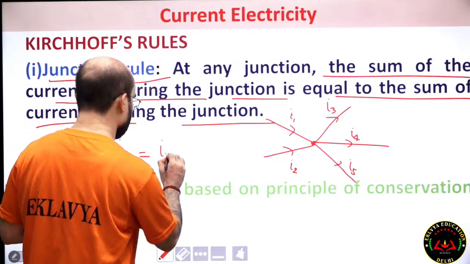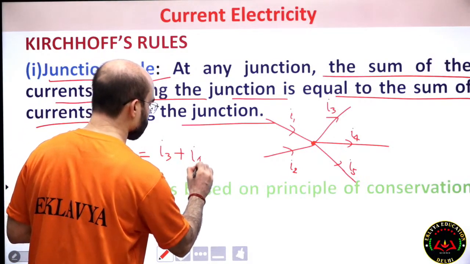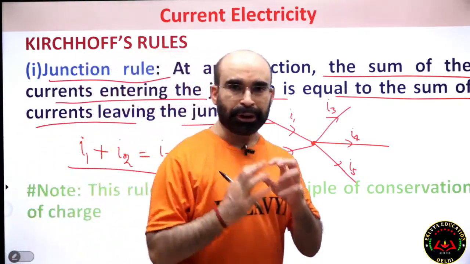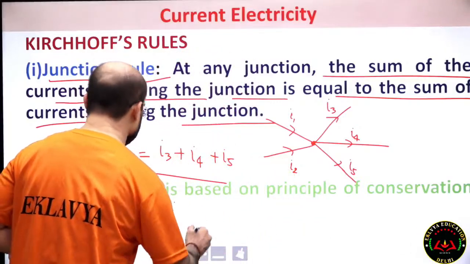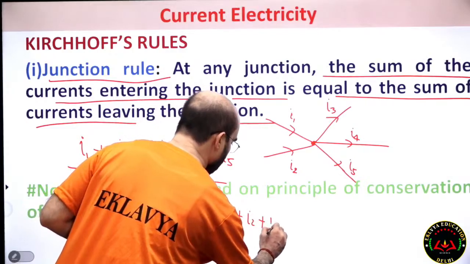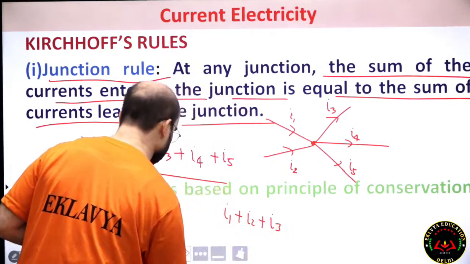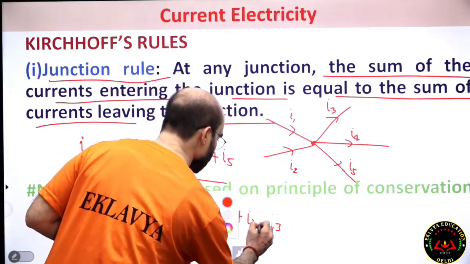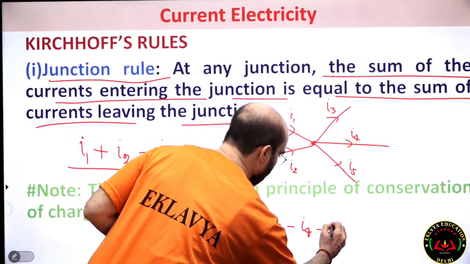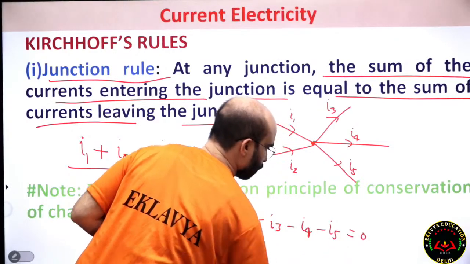Focus on this. As per this statement, if we take it in this manner, we will say that I1 plus I2 minus I3, minus I4, minus I5 equals 0, right?